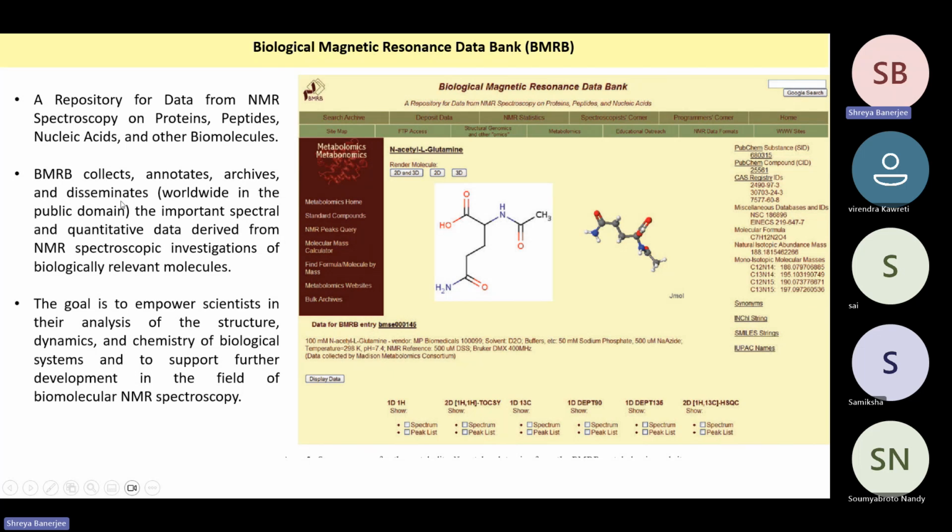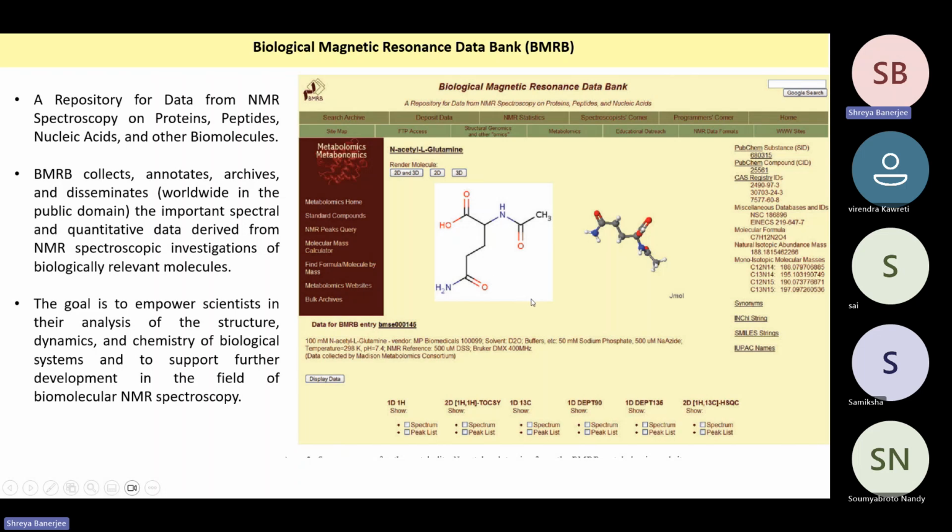So this is another depository which gives you very important spectral and quantitative data about NMR. So whatever molecules have been studied by NMR, they have been deposited in this Biological Magnetic Resonance Data Bank.